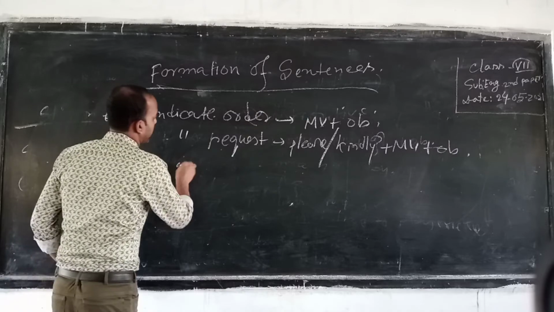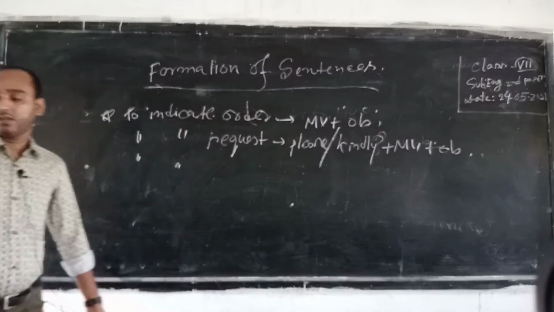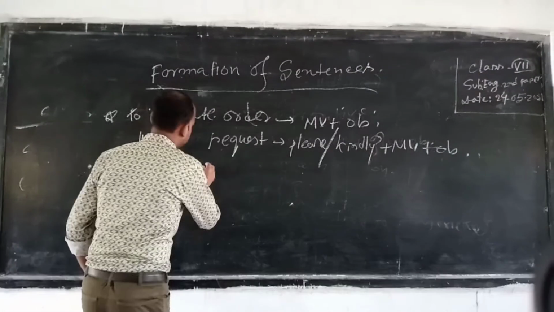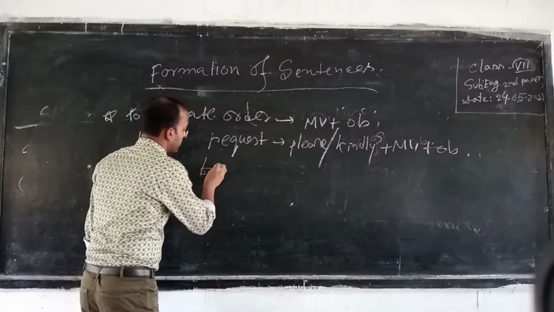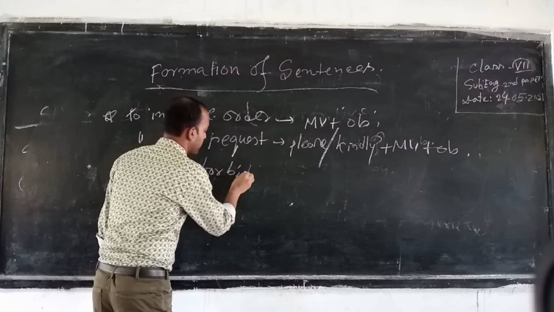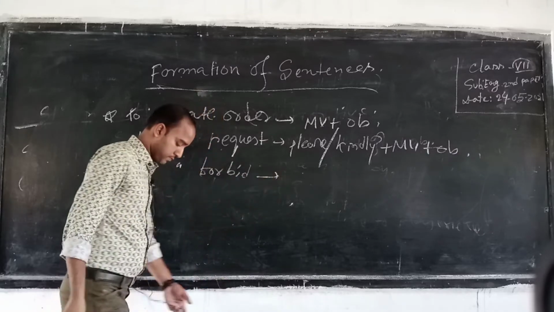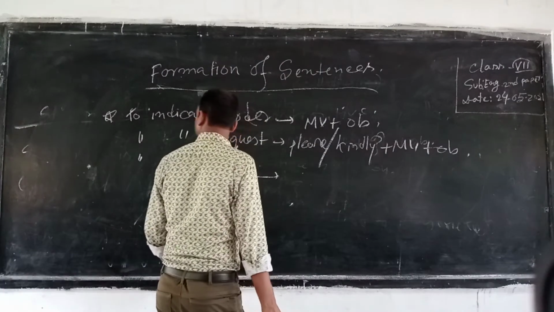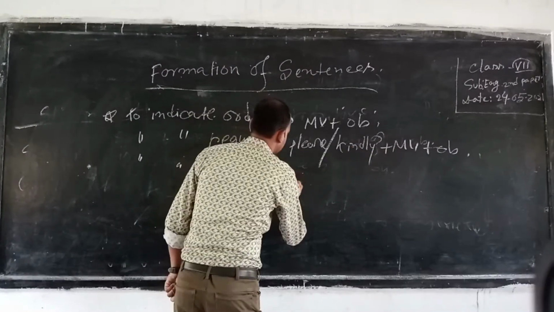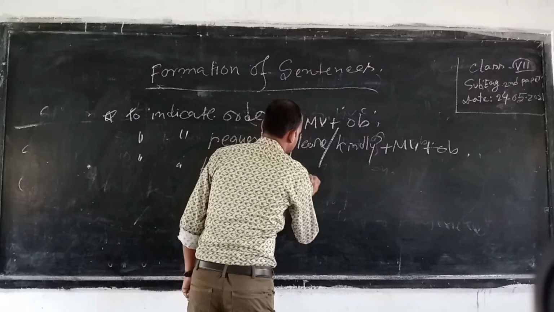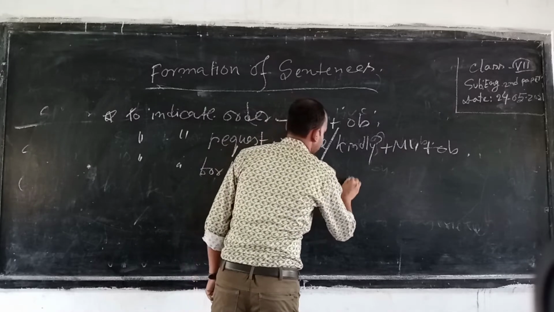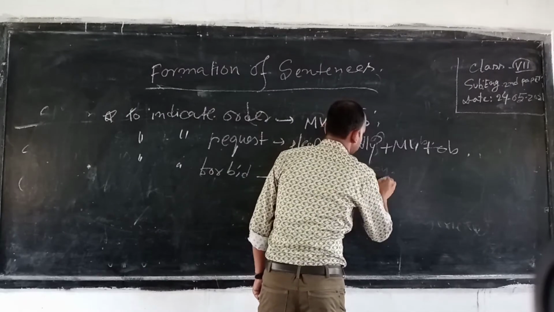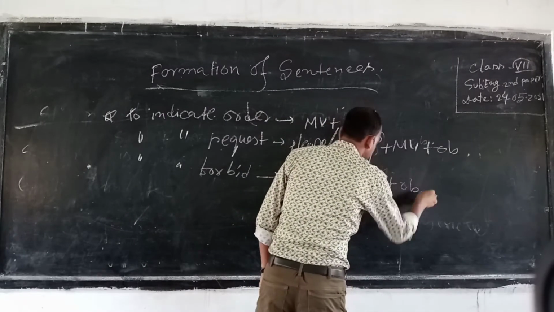To indicate forbid, we use do not, then main verb, then object.